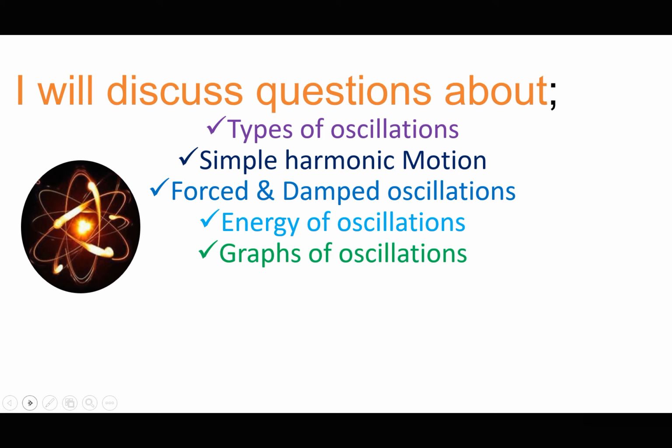We shall see some graphs like we have already seen in part 1. Resonance will not be missed, and many others. So without wasting much time, I want us to move straight away to our document of past papers.